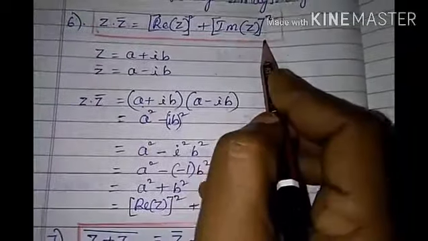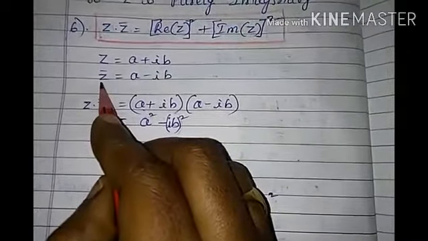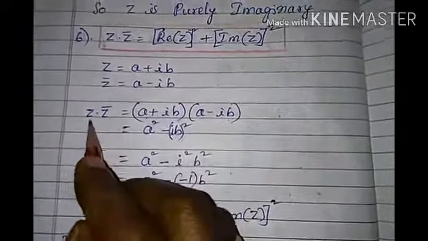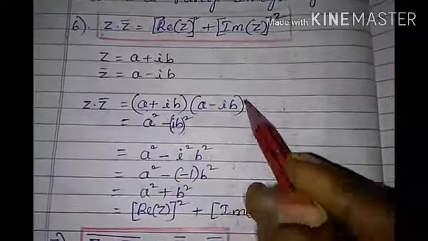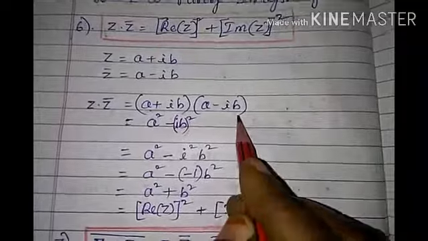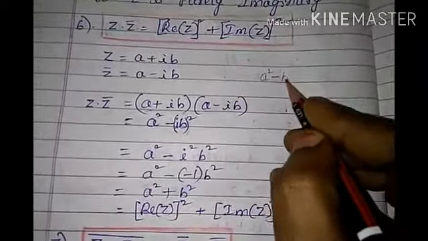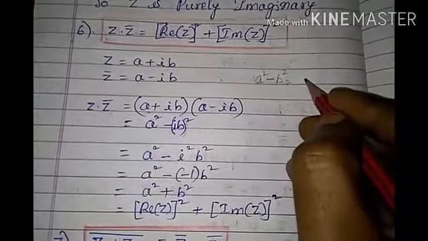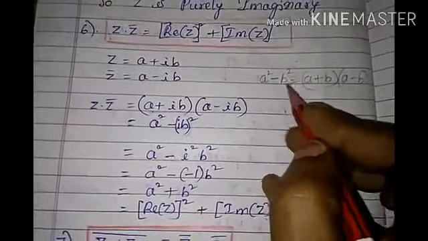Next one is z into z bar equals real z whole square plus imaginary z whole square. Let z equal a plus ib. Then what happens to the conjugate of z? It is a minus ib. Now the product of z and z bar equals a plus ib into a minus ib. This looks like a plus b into a minus b. By using the algebraic identity a plus b into a minus b, we get a square minus b square.